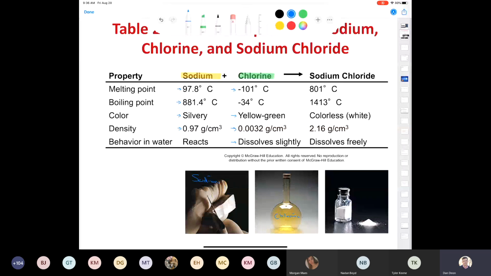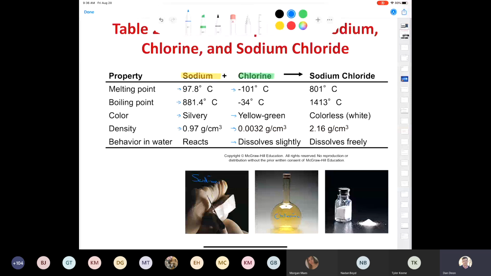Now, you can react sodium and chlorine together to produce this ionic compound called sodium chloride. And the take-home message of this slide is to look at the properties of sodium chloride. They are very different from the elements from which it is made. You can see that sodium chloride has a much higher melting point, 801 degrees Celsius, than either sodium or chlorine.